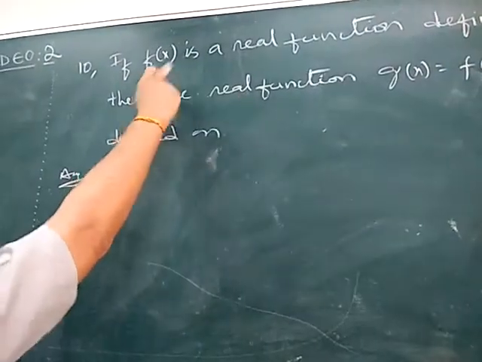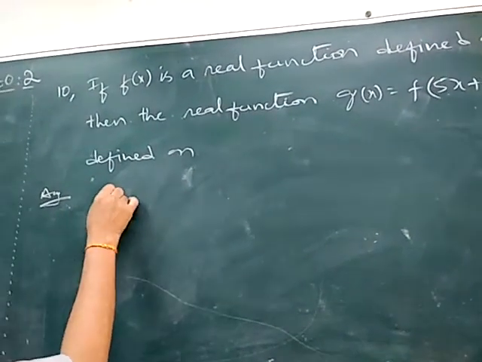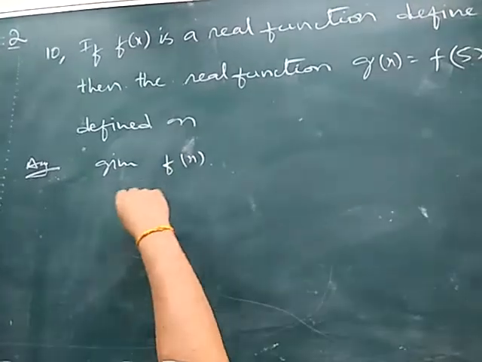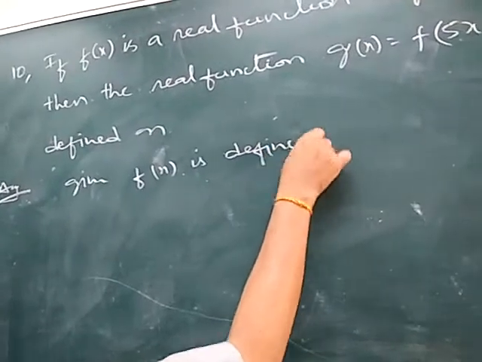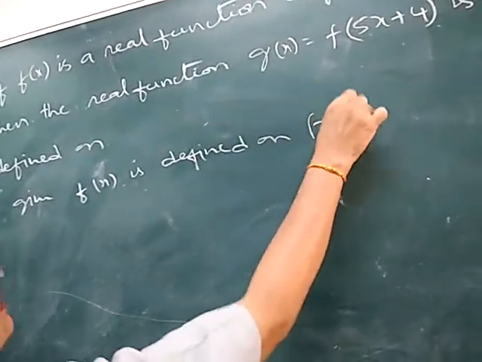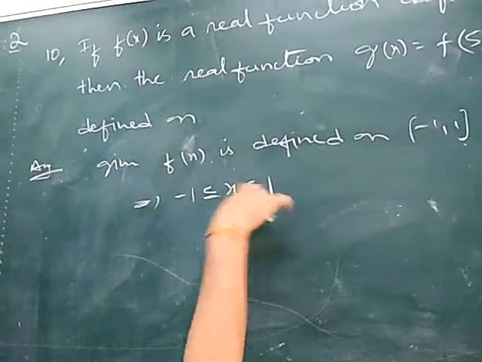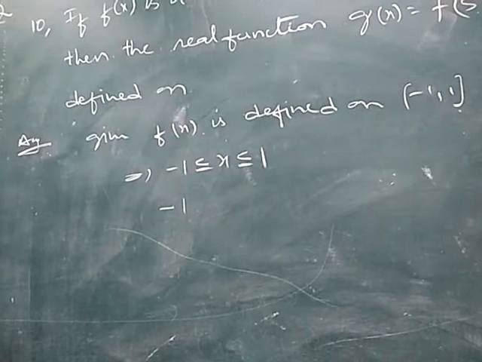Here given f of x lies in between minus 1 to plus 1. So that means given f of x is defined on minus 1 comma plus 1. So that implies minus 1 is less than equals to x is less than equals to 1.